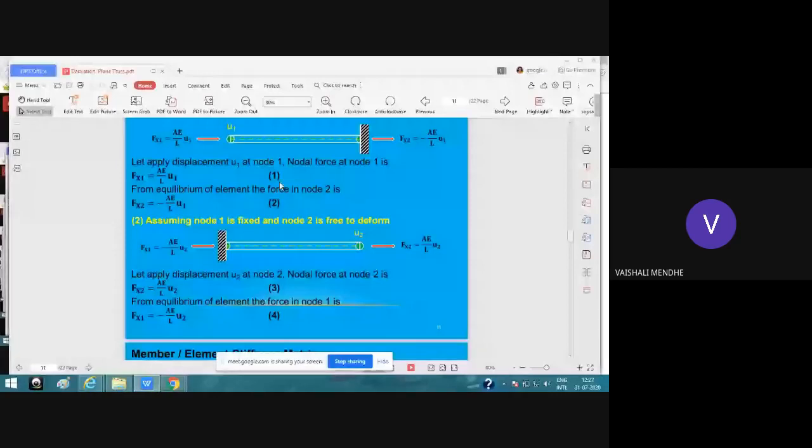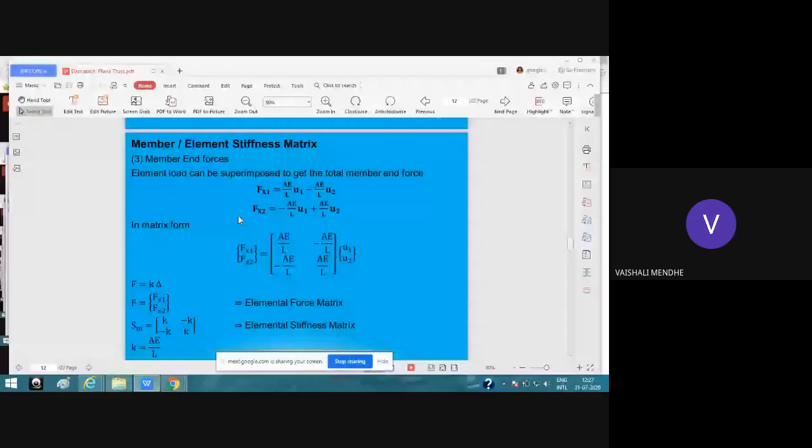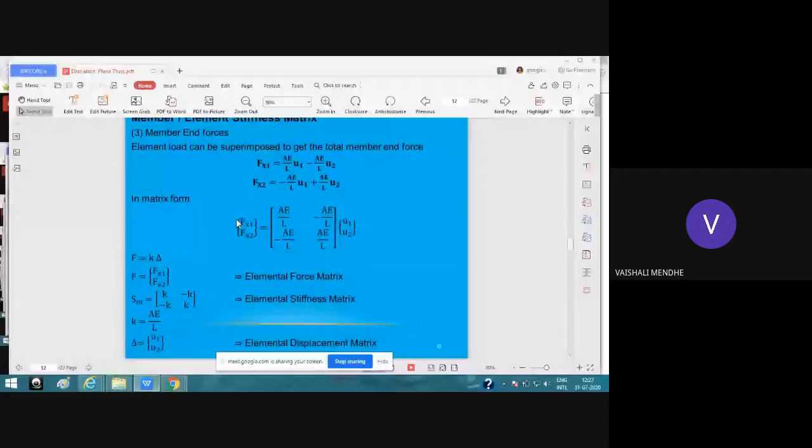Now in the next slide, we have to assemble the member elemental stiffness matrix. From that member elemental stiffness matrix, we will get the stiffness matrix along the member axis. Here you can see the member elemental stiffness matrix.